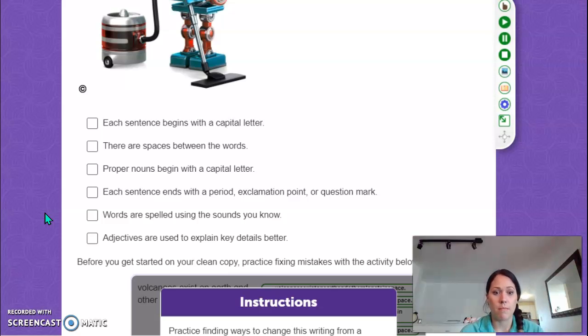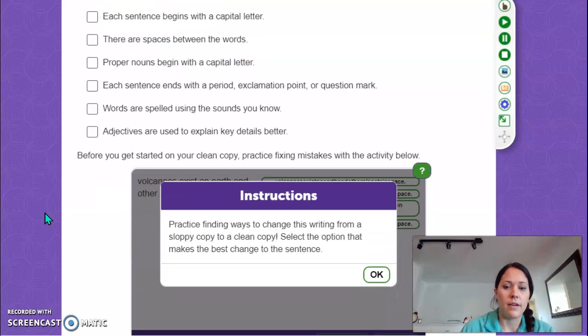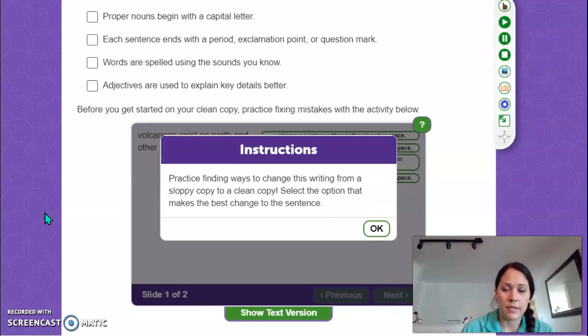Punctuation is so important. Are your words spelled using the sounds you know? And do you have adjectives that help explain key details better? Remember, adjectives can also be remembered as sparkle words because they make our writing more interesting. So they are very important.